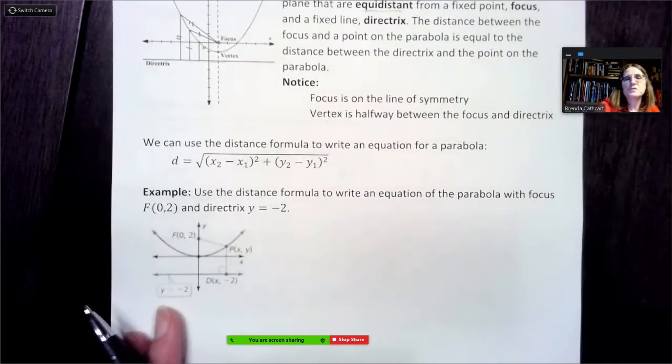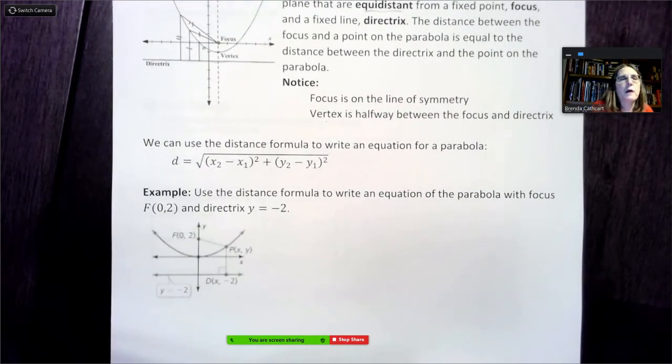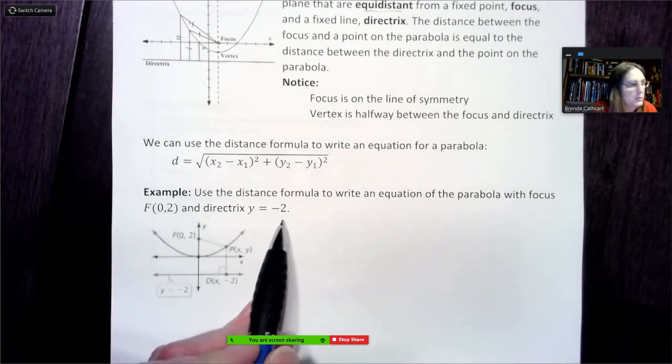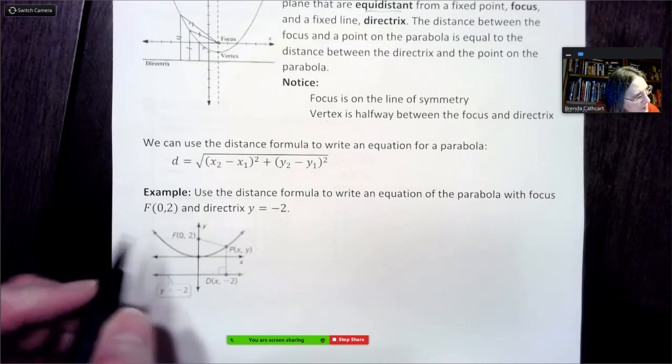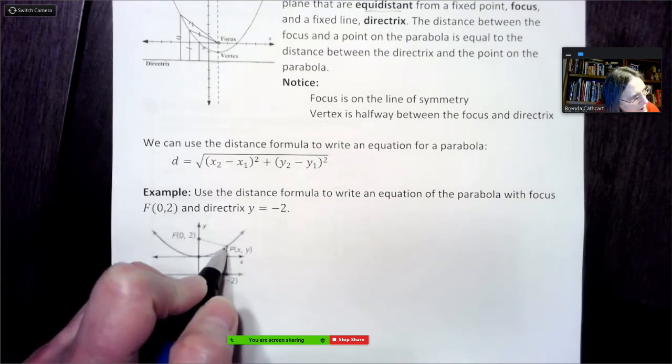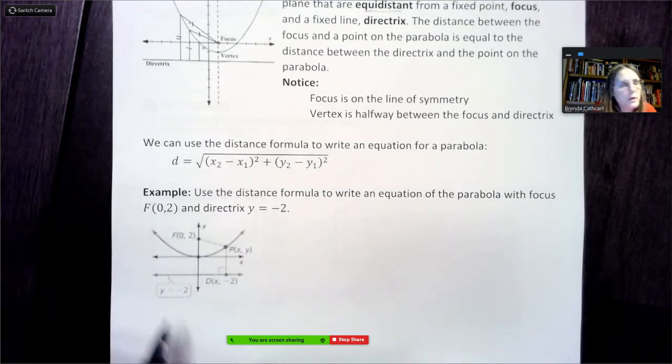Let's use the distance formula to write an equation of the parabola with focus at (0, 2) and the directrix at y equals -2. So the first distance that I'm going to look at is the distance between the focus and the point on the parabola.